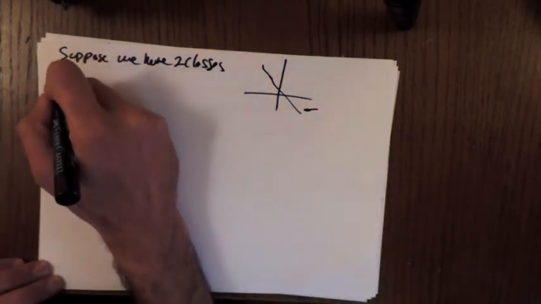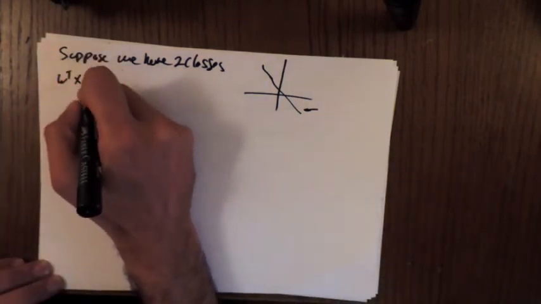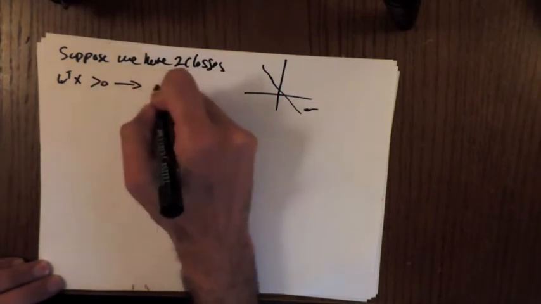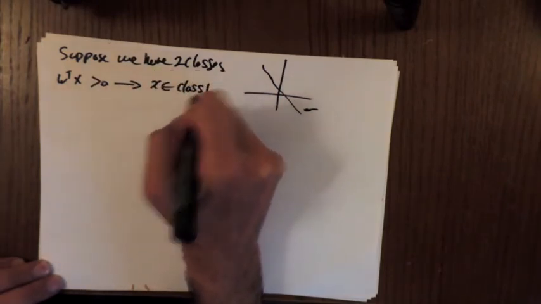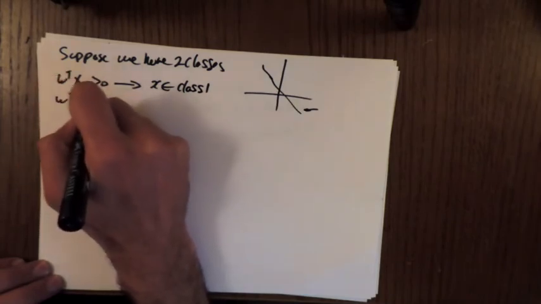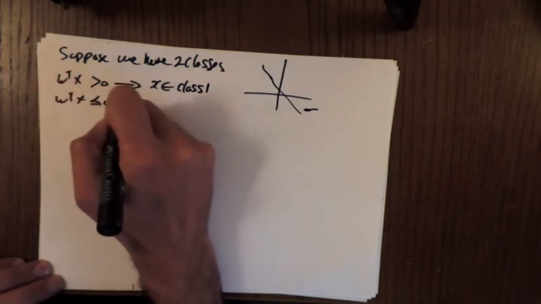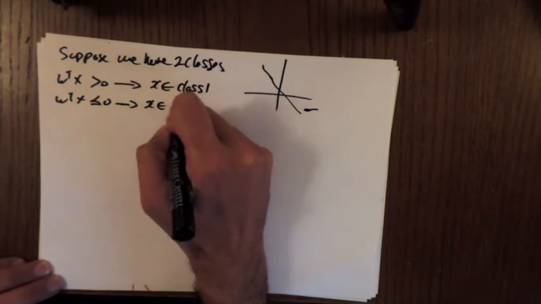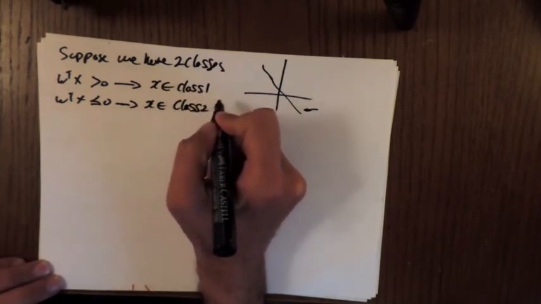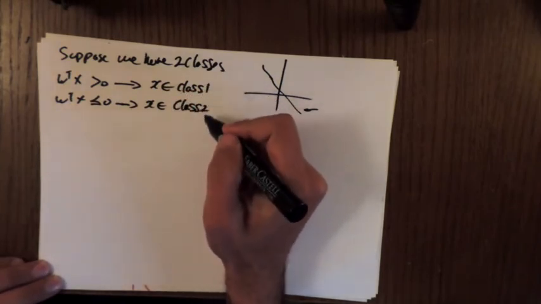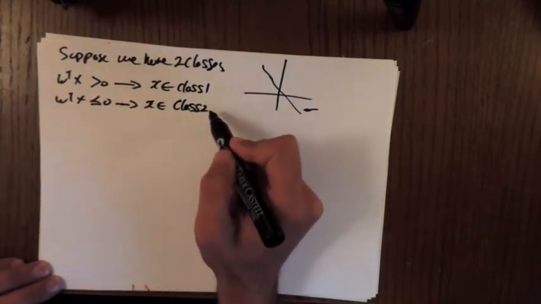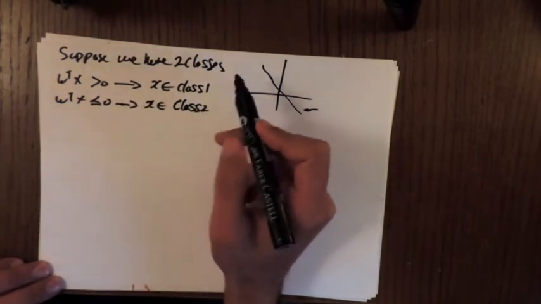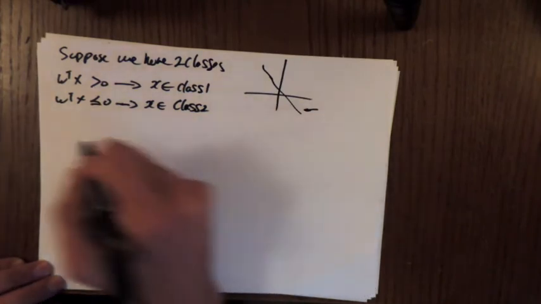First we need to say, if we have Wtx greater than 0, this means x belongs to class 1. If Wtx is less than or equal to 0, then x belongs to class 2. In this case, we're just separating those two classes. The case where Wtx equals 0 is arbitrarily chosen to be class 2. It could be class 1 based on our assumption.